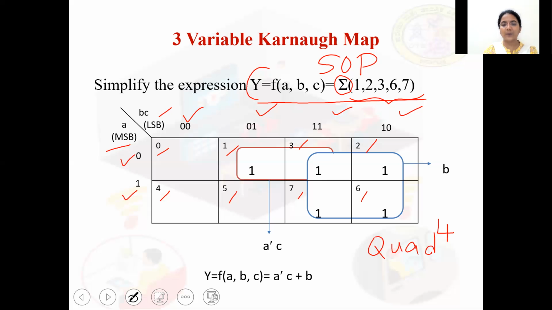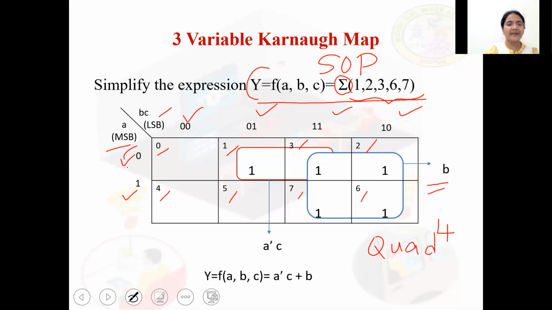After grouping it as a quad, we have to write a product term. We have to consider the rows and columns of the respective min terms which are grouped. When we consider the rows, 2, 3 belong to row 0 and 7, 6 belong to row 1, so we have min terms in both the rows.